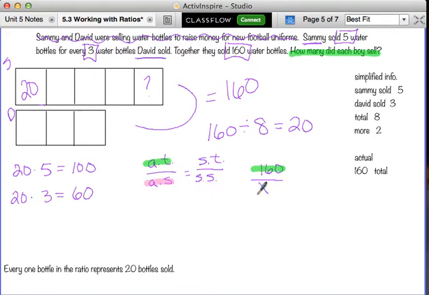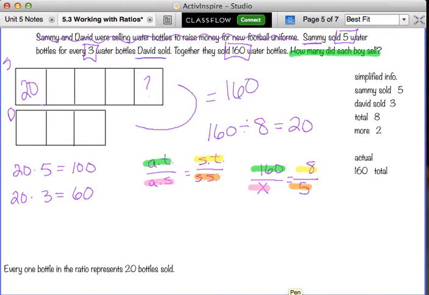So we're going to use an X. We use a variable to represent it. Now, if you use an S for Sammy, great. If you use something else, it doesn't matter, just as long as you know what you're working with and you define your variable. So in this case, we have the simplified total, and I know that the simplified total is 8. And I put that over my simplified amount that Sammy sold, which is 5. So my simplified Sammy is 5.